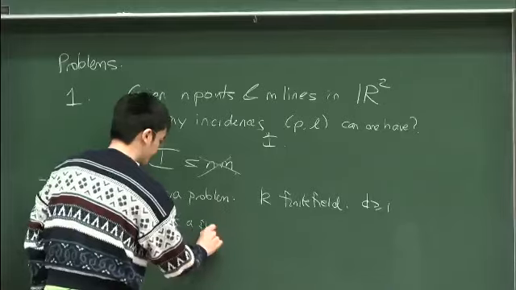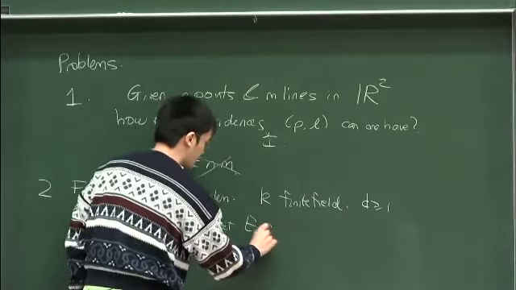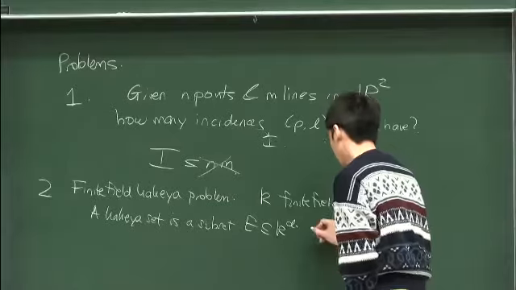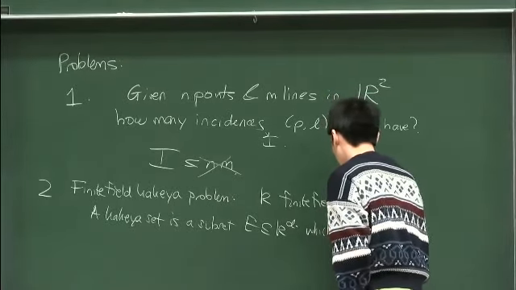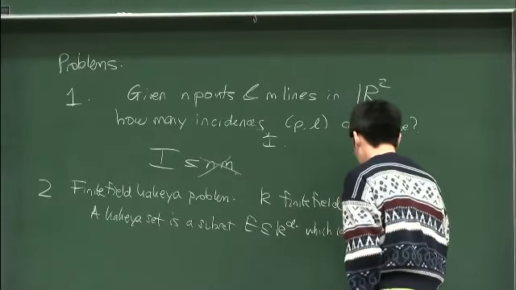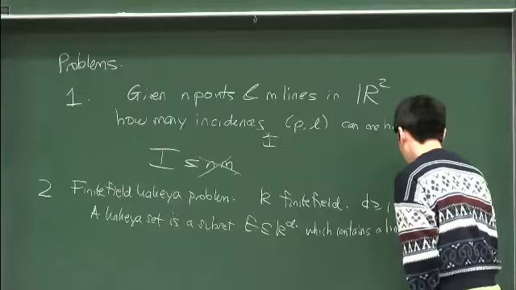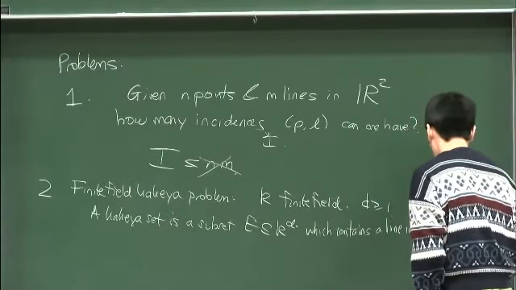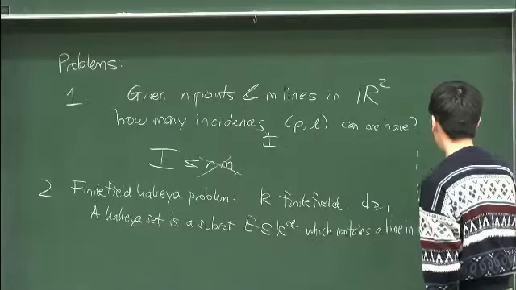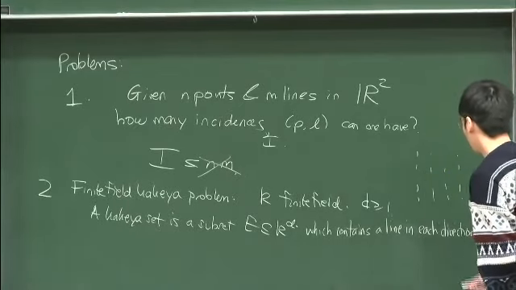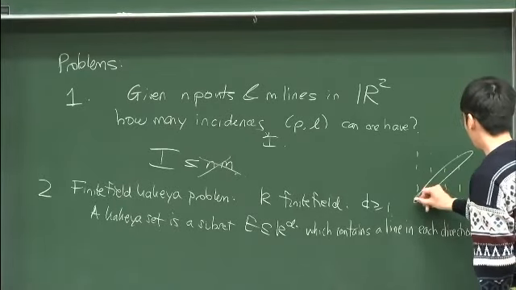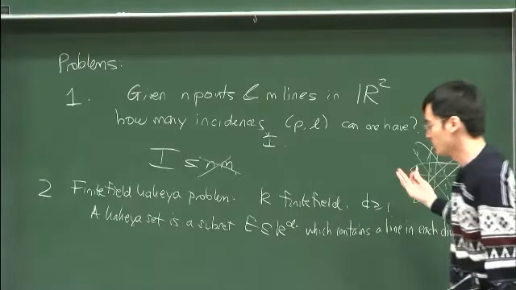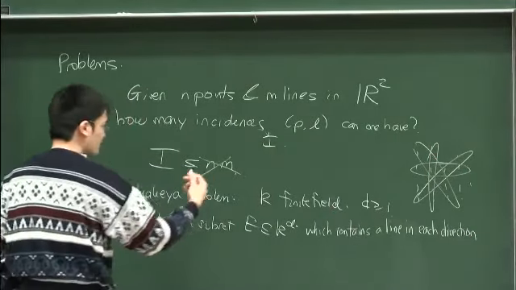Is a subset E of this finite geometry K to the D, which contains a line in every direction. Okay, so you have your finite geometry. Okay, and in every direction you pick some line. Okay, and you take all those lines together, and this will give you a Kakeya set. And the question is, how small can a Kakeya set be?